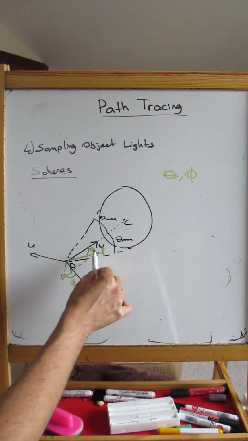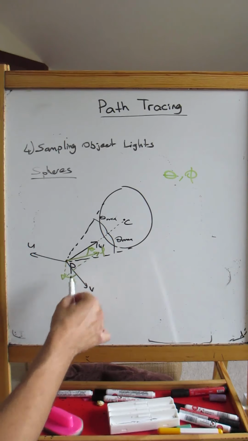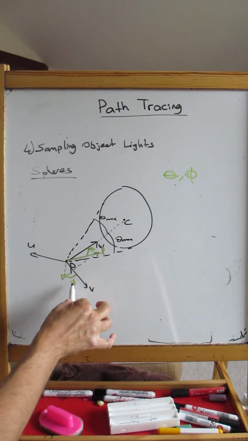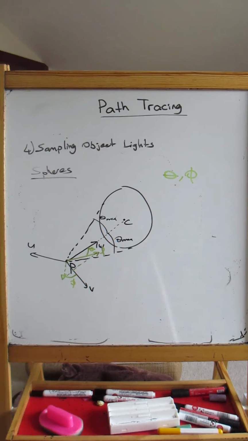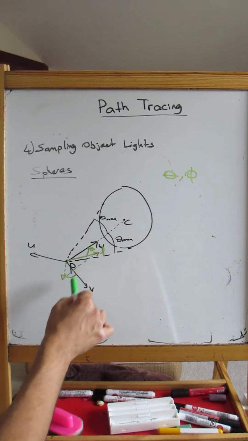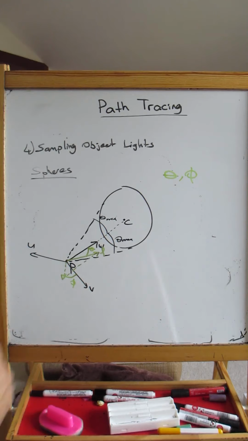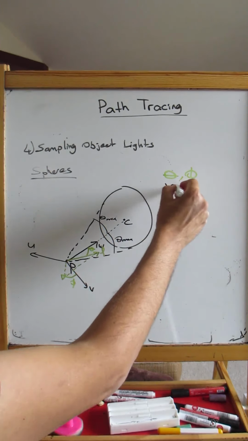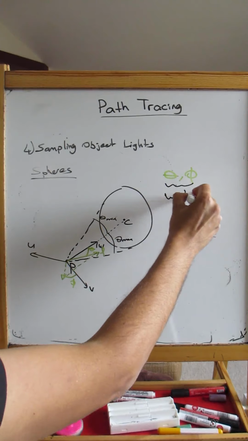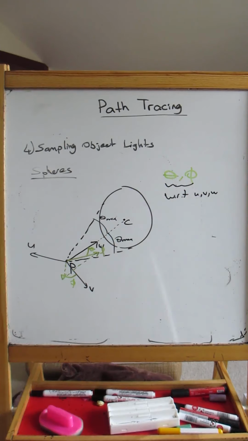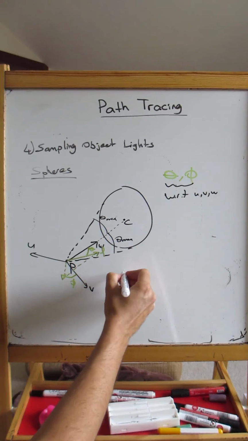Sometimes we have L, and from L we compute theta and phi, but now we have theta and phi, and we will be computing L. Theta and phi are with respect to the UVW system. So we can then write L as follows.